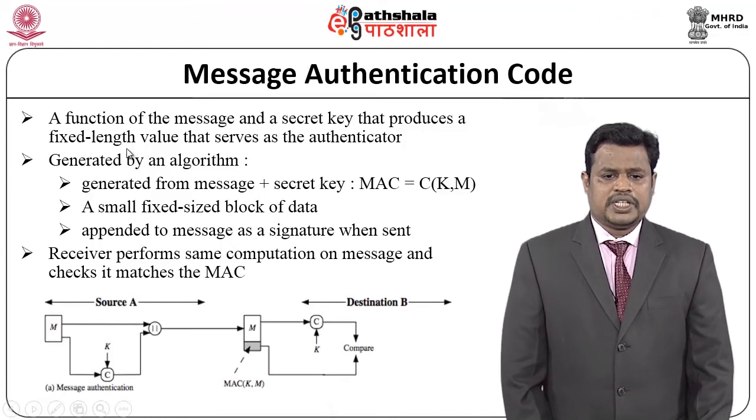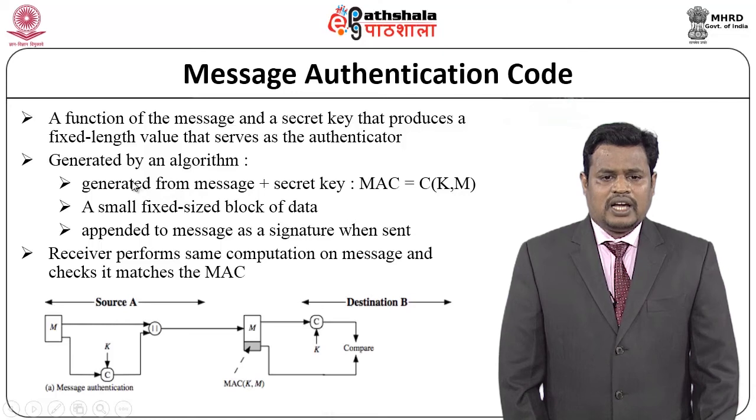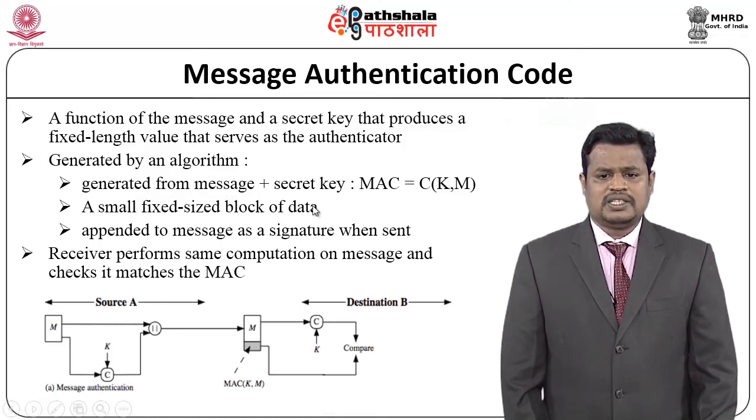Here also we generate a fixed length value, but the algorithm generates it from the message plus the secret key. So MAC is equal to C of k comma m, where k is the key and m is the message.